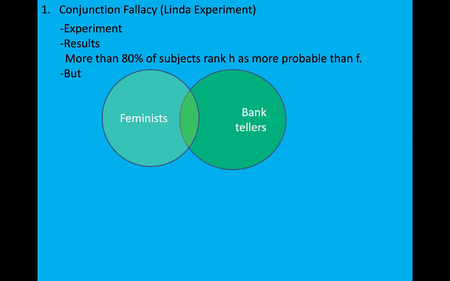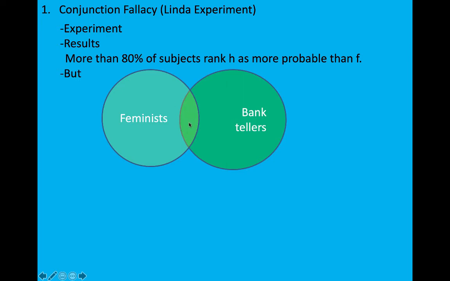Okay, why does that matter? Well, if you say that it's more probable that Linda is both a bank teller and a feminist, then you're saying it's more probable that she's in this space right here, the bank teller and feminist space, than it is that she's in this space right here, the bank teller space, which includes the feminist bank teller space.